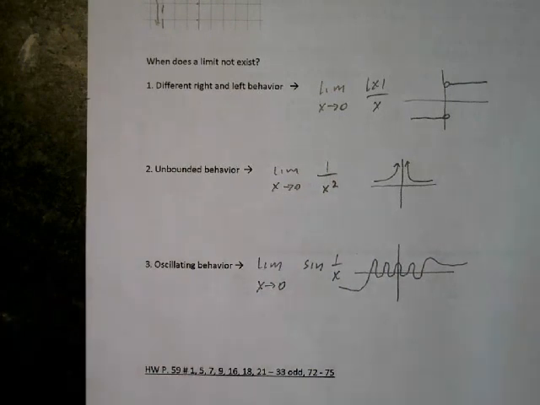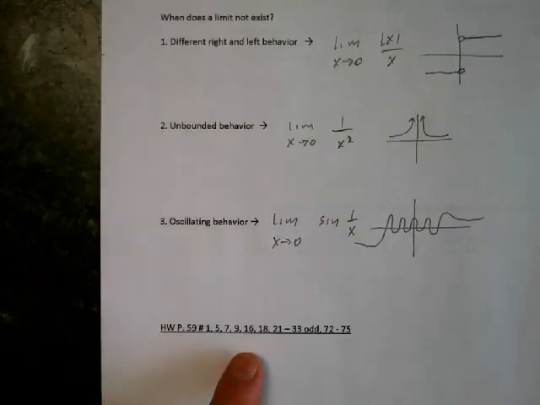Your graph's going to look something like that. So notice it's oscillating as you approach it. It's not approaching a specific number because it keeps going up and down, and the end behaviors go off into positive and negative infinity.